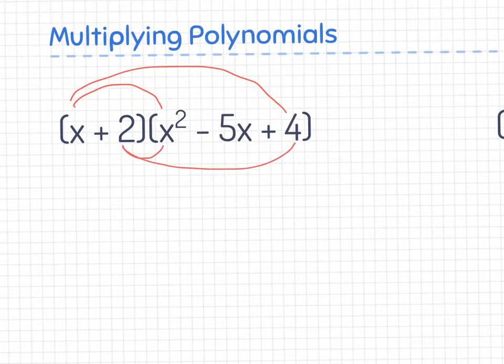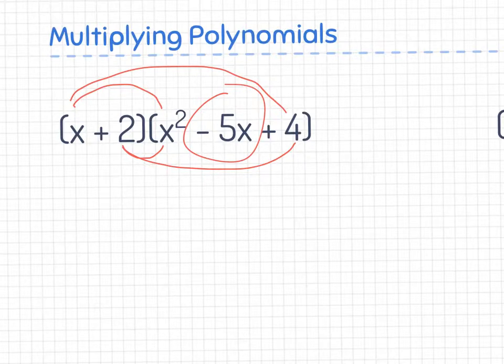What is the issue with that distribution pattern? Yeah, we did not touch our negative 5x. So you can see why it works with a binomial, because there isn't that middle term from a trinomial. But now it does create a very big issue when we try to do it to anything else.